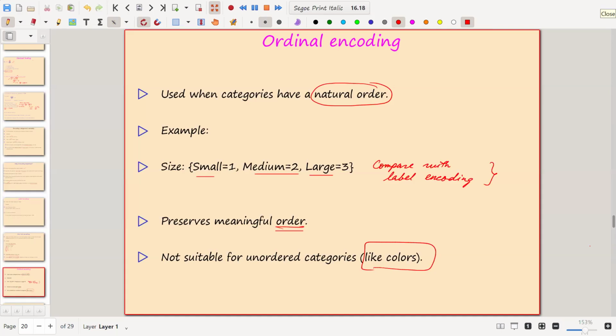If you have categorical variables where a natural order is there, like grades, excellent, A plus, something like that, then you can use ordinal encoding. Those variables which have an order, you can use ordinal encoding. Those variables which don't have an order, you can use label encoding.